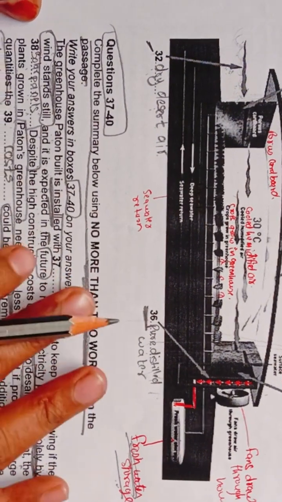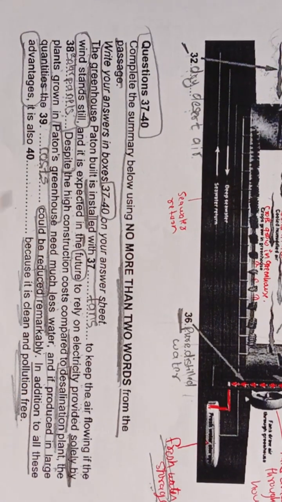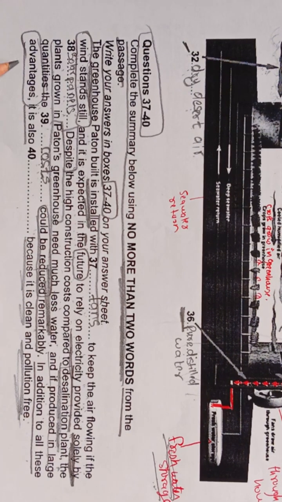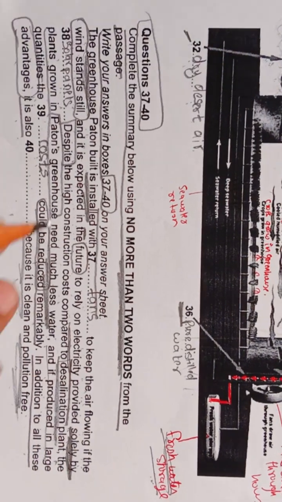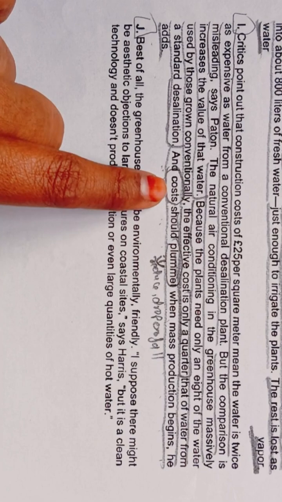COSTS costs. I hope you have understood this. Okay. And if produced in the large quantities, the cost could be reduced remarkably. In addition to all these advantages, it is also dash because it is clean and pollution free. So we are getting our answer cost from here.